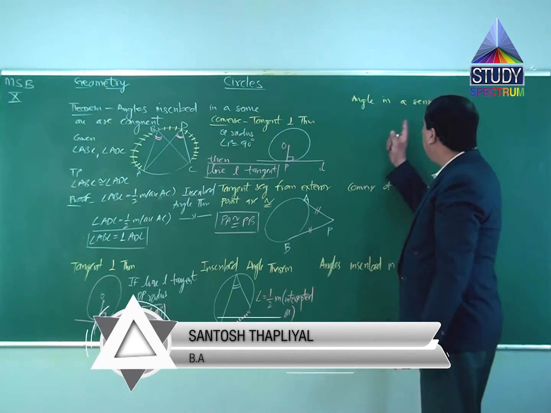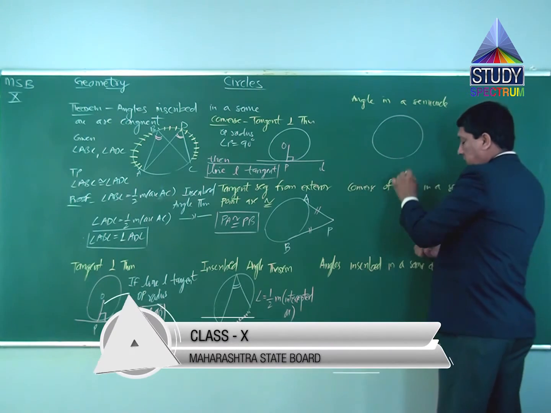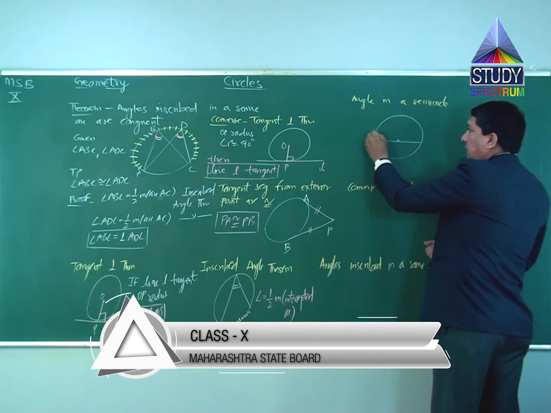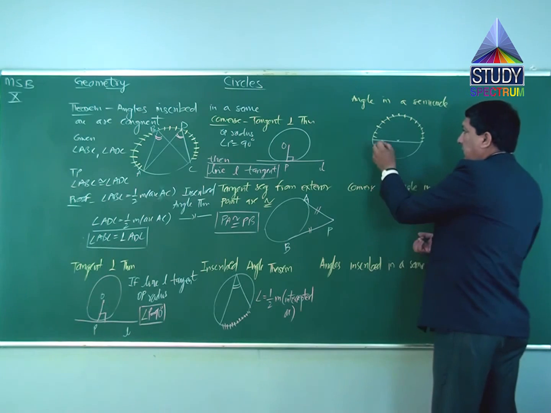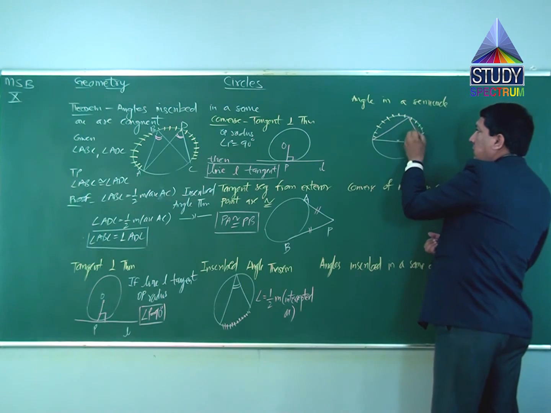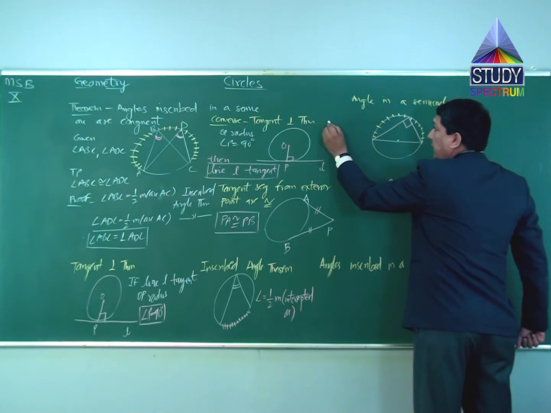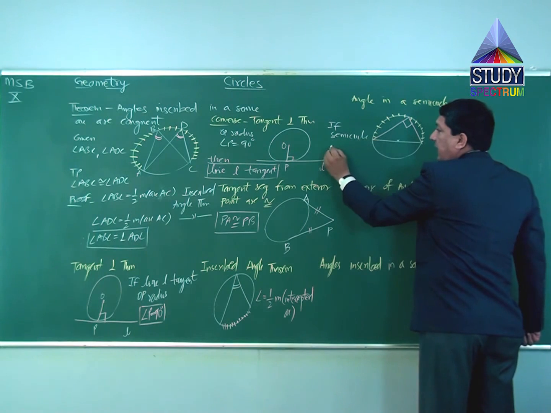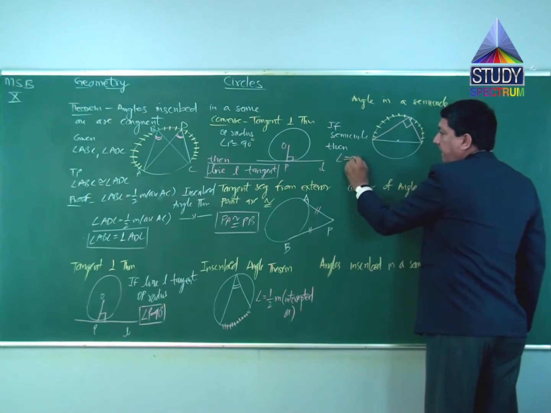Next we did the angle formed in a semicircle. Now in this semicircle, if this is the angle formed, this angle will be 90 degrees. Right? If a semicircle is there, then the angle equals 90 degrees.